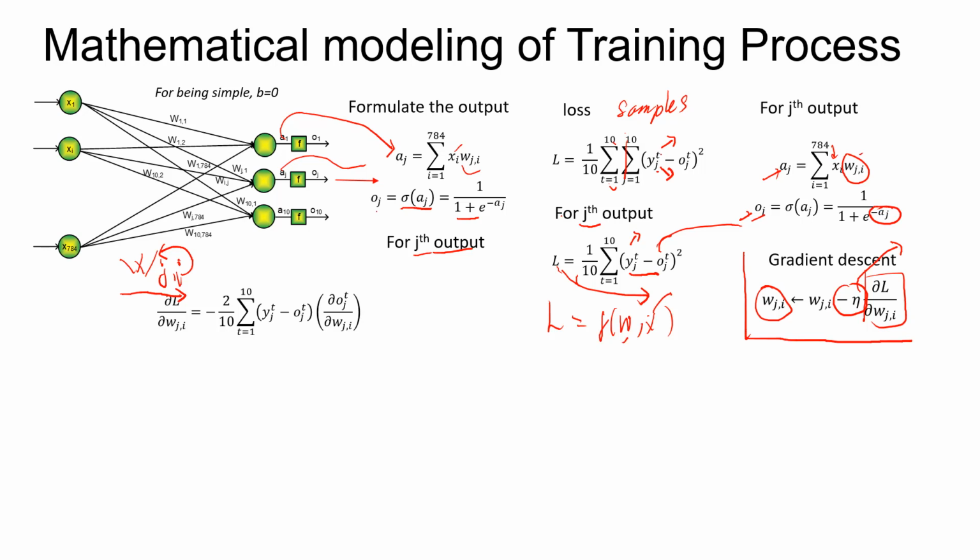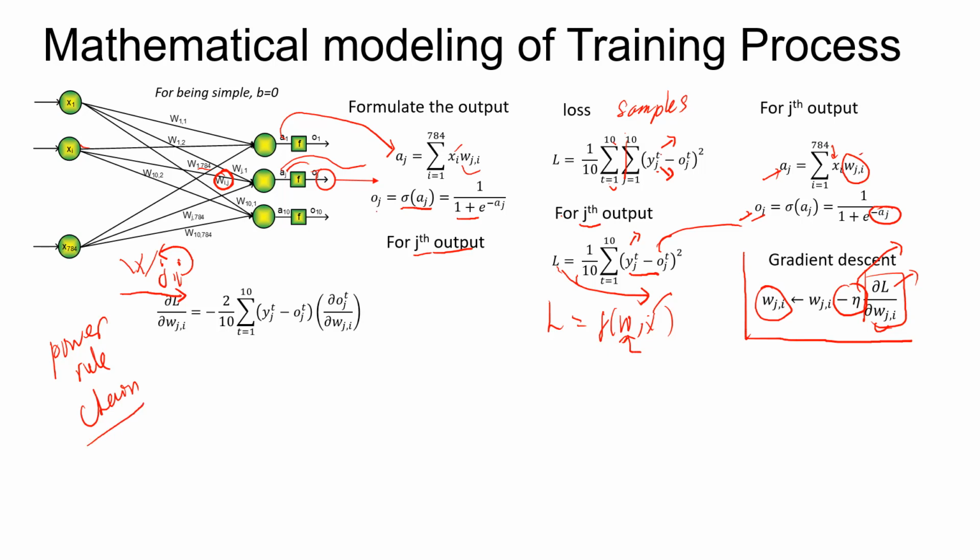We want to adjust w, so in this case we consider w as the variable. In order to calculate the derivative of the loss function with respect to wi, that means we have the output and wi, and we want to update this one. We use the power rule and the chain rule to calculate the derivative.